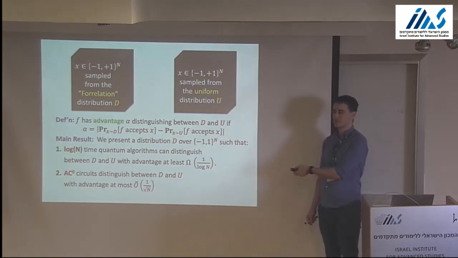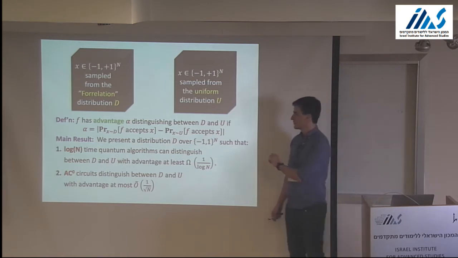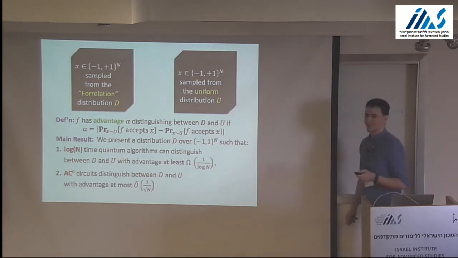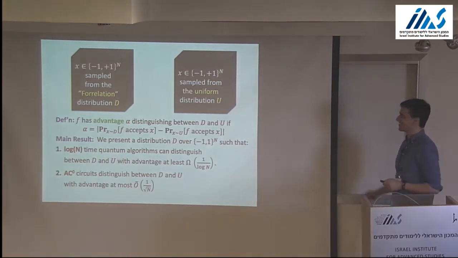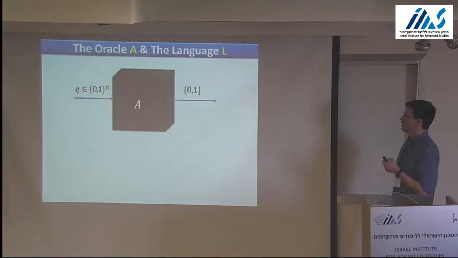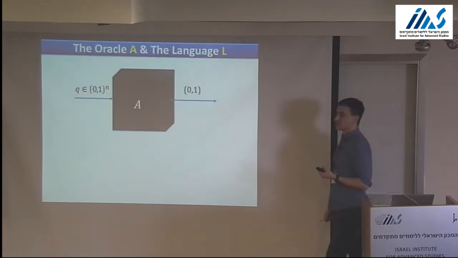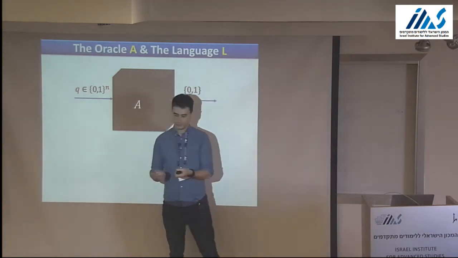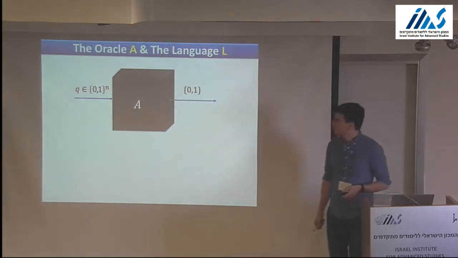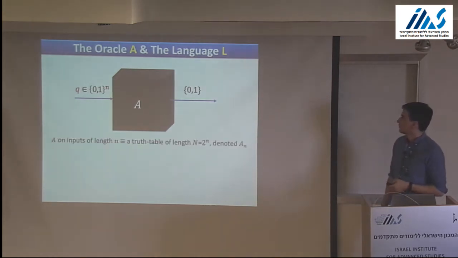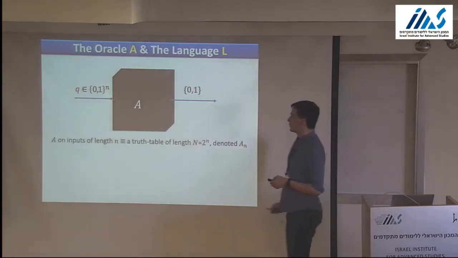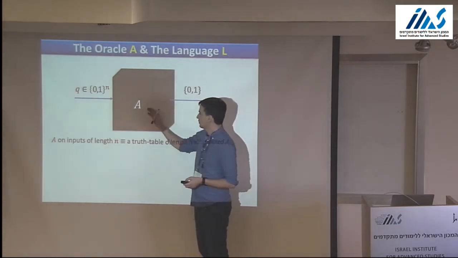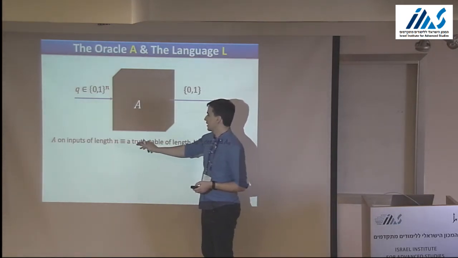So how do we get the oracle separation? This is due to many questions that I got in between the first and second lecture. So the idea is to construct the oracle and the language together. So the language would be just a unary language. Okay, so I want to define how the oracle would behave on strings of length n.